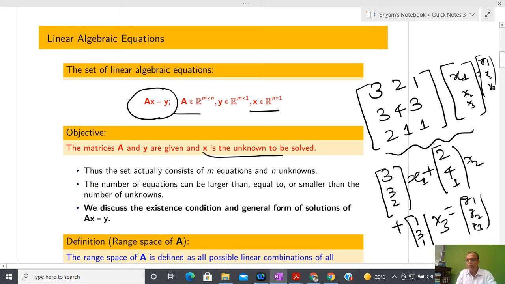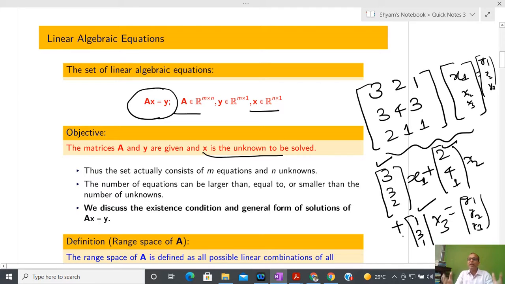So I have y1, y2, y3, so that is the given point. Now I have to change x1, x2 and x3 because I know these three columns are fixed. If y1, y2 and y3 fall in the range of the column space, that is the space generated by the columns. So I have one column vector, two column vector and three column vector.